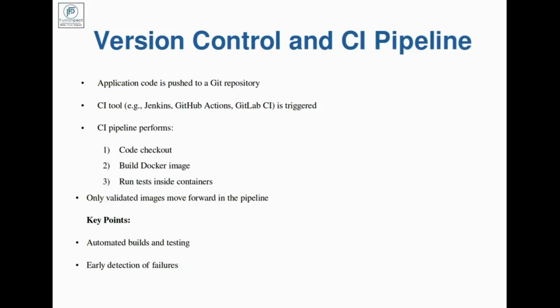In production, Jenkins builds the images on the Jenkins server and pushes those images to repositories. We have Docker Hub, and since we are particularly using AWS, we have AWS ECR.